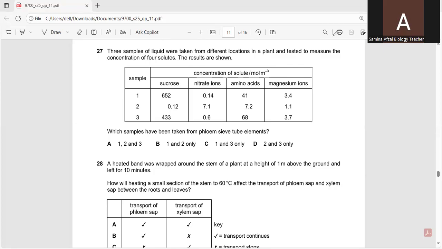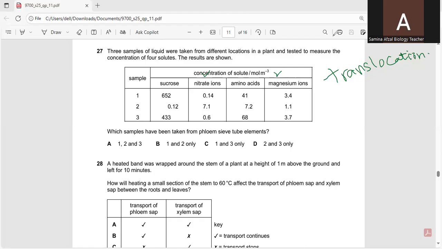This process is called translocation. During translocation, sucrose and amino acids are transported, whereas the nitrate ions and magnesium ions are primarily transported by the xylem vessels with water, because xylem vessels transport the water and mineral ions. So they will be transported by xylem, not with the phloem.